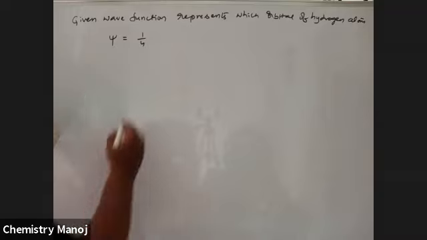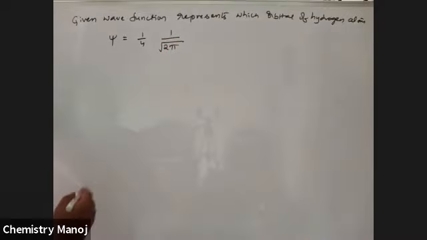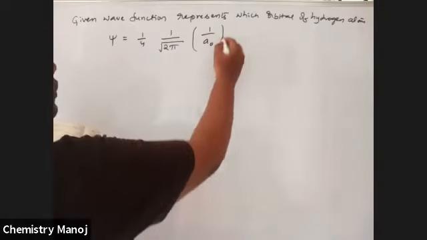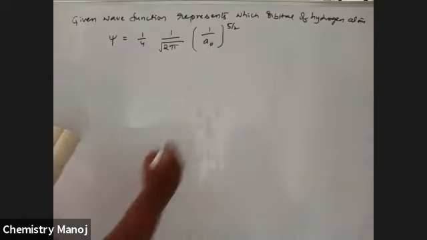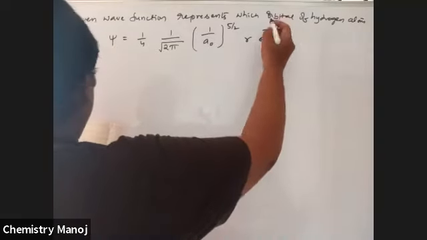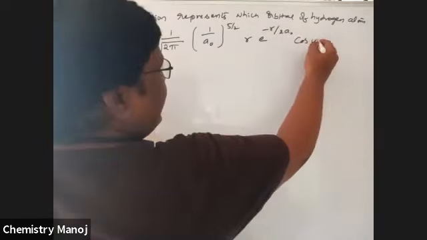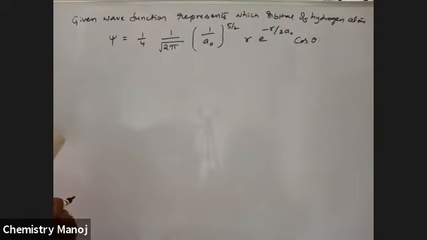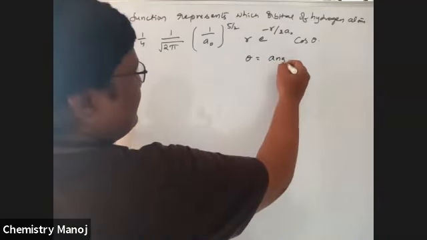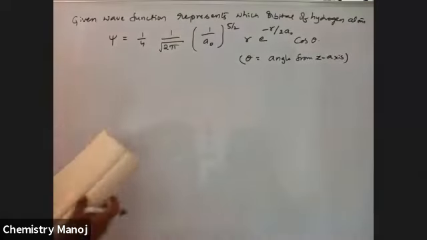Psi is equal to 1 by 4, 1 by root 2 pi, 1 by a naught whole power 5 by 2, r into e power minus r by 2 a naught, cos theta. Here theta is the angle from the Z axis.